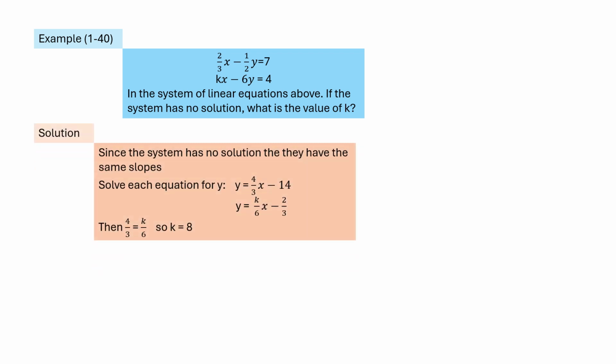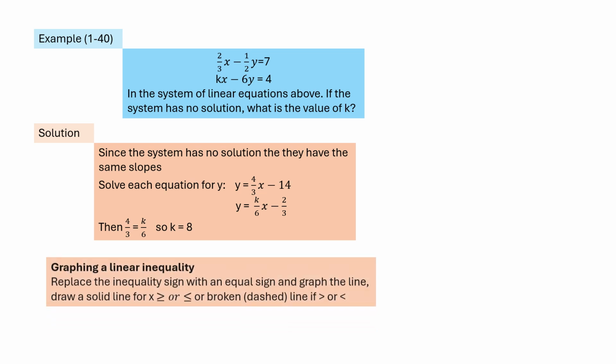Since the system has no solution, they have the same slopes. Solve the equations for y first, each one for y. We will get y equals 4 over 3x minus 14 and y equals k over 6x minus 2 over 3. So equate the slopes with each other: 4 over 3 equals k over 6. Do cross multiplication, and you will get k is 8.